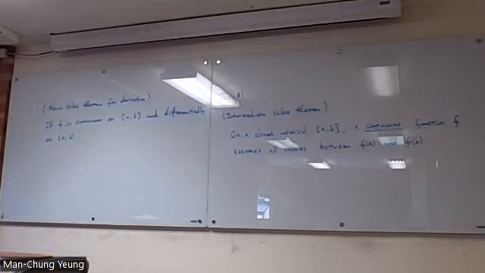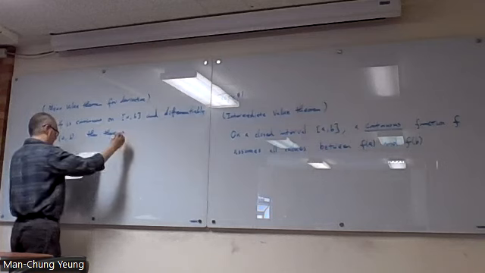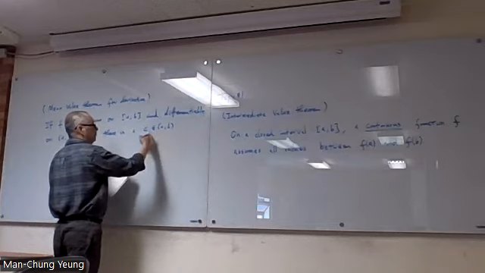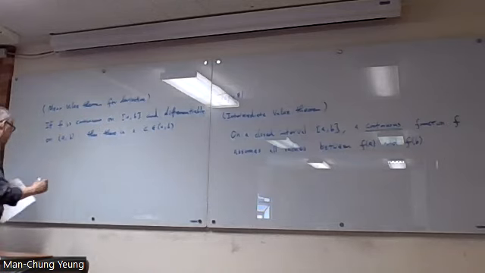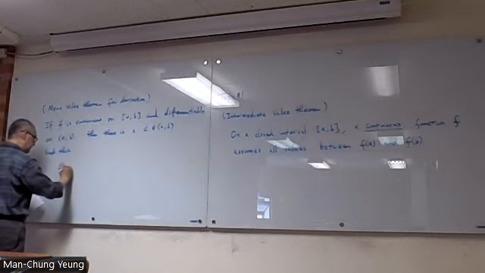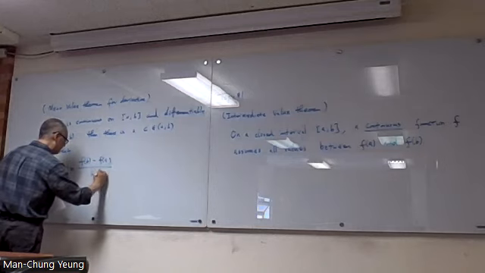Differentiable means the function has a derivative everywhere over the open interval between A and B. Then the conclusion: there is a point C between A and B in the open interval AB, such that the derivative at C is equal to f of B minus f of A over B minus A.